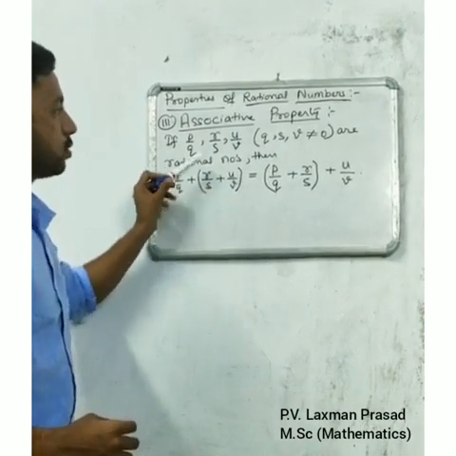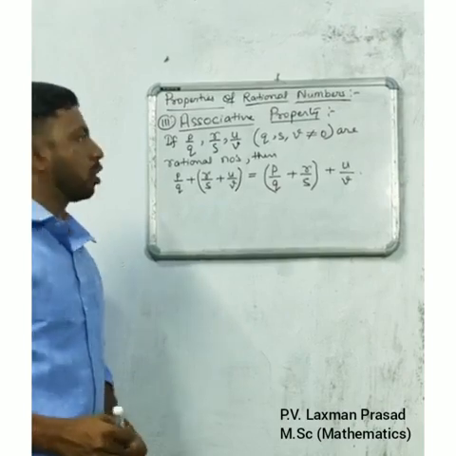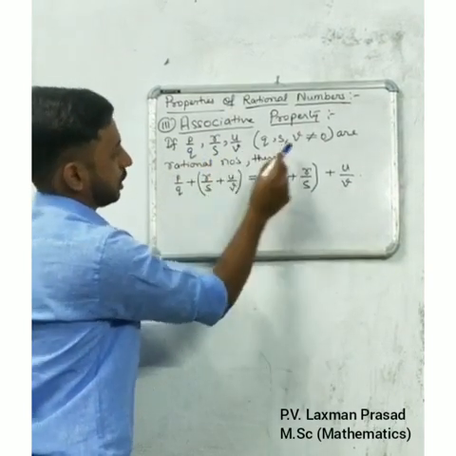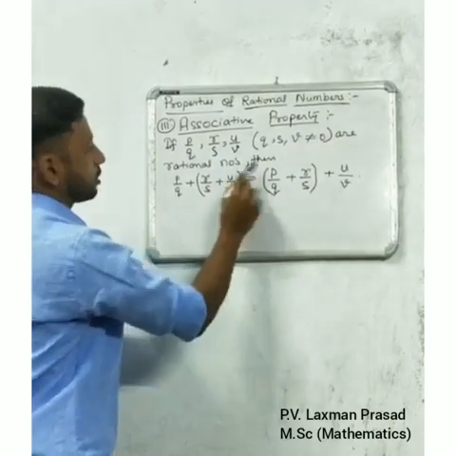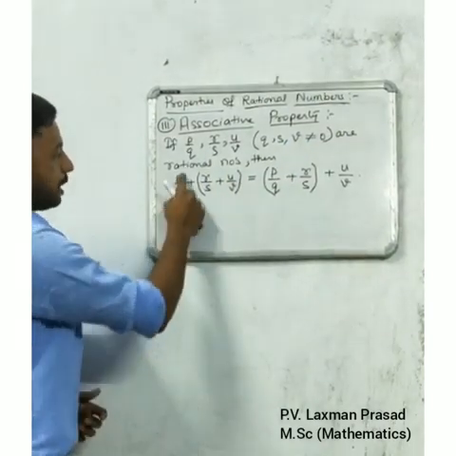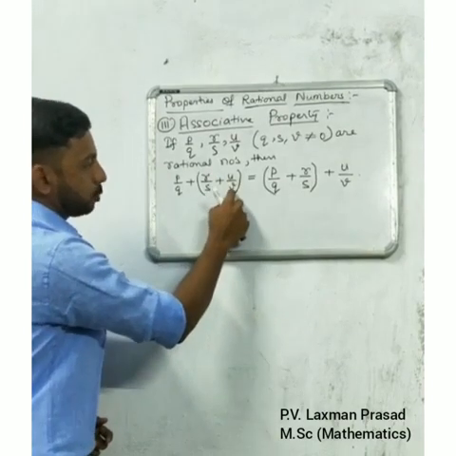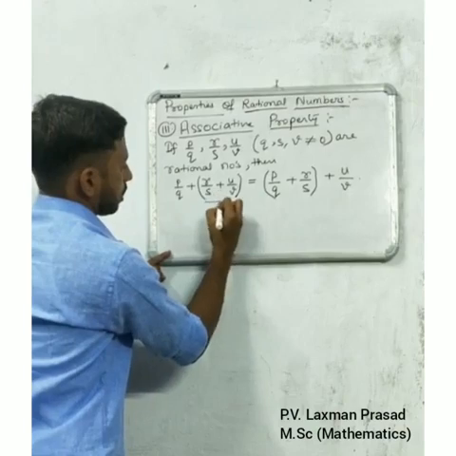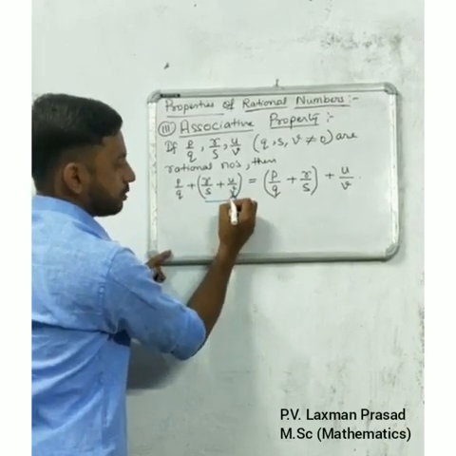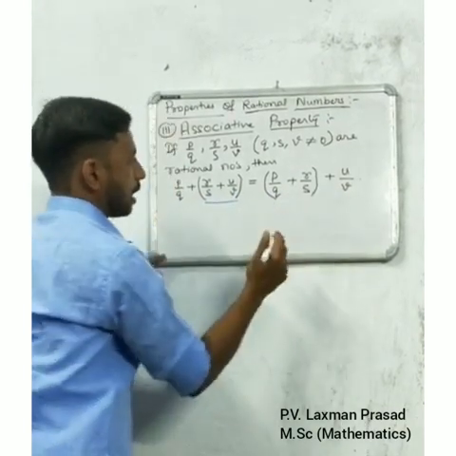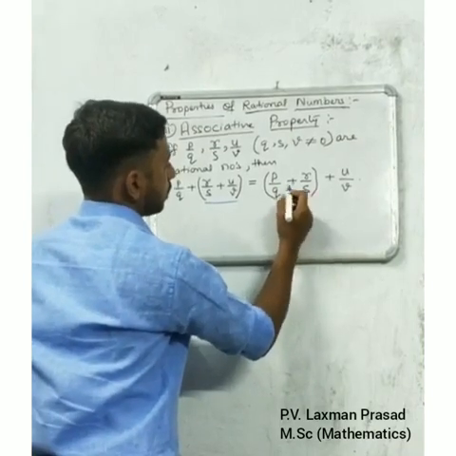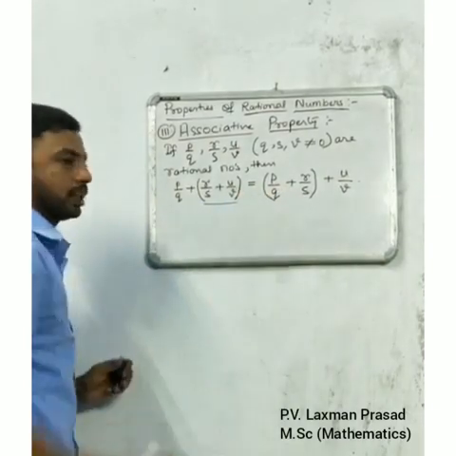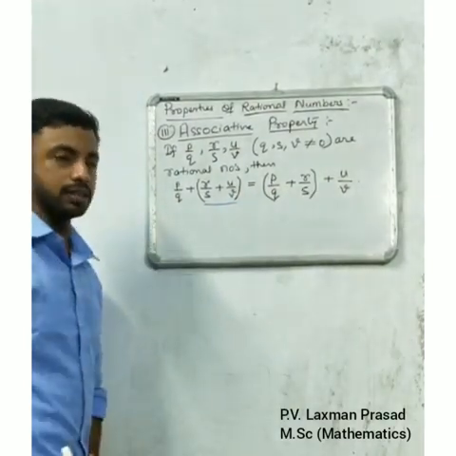If P by Q, R by S, U by V, where all the denominators Q, S and V are non-zeros, are rational numbers, then P by Q plus R by S plus U by V, here the bracket is covering R by S and U by V, and in the right hand side, the bracket is covering P by Q and R by S. And when you solve both the things, the result will still be the same.